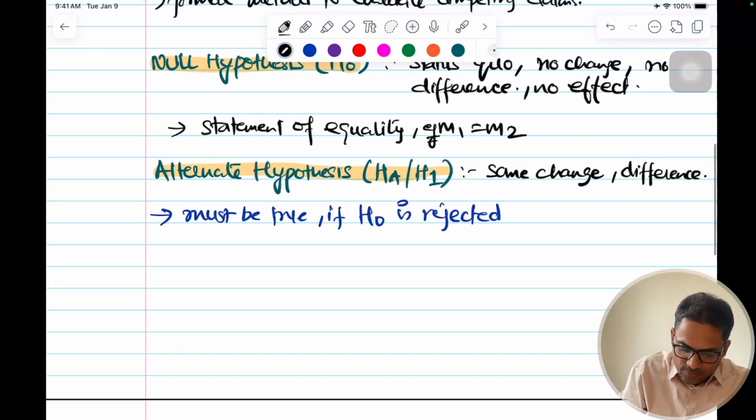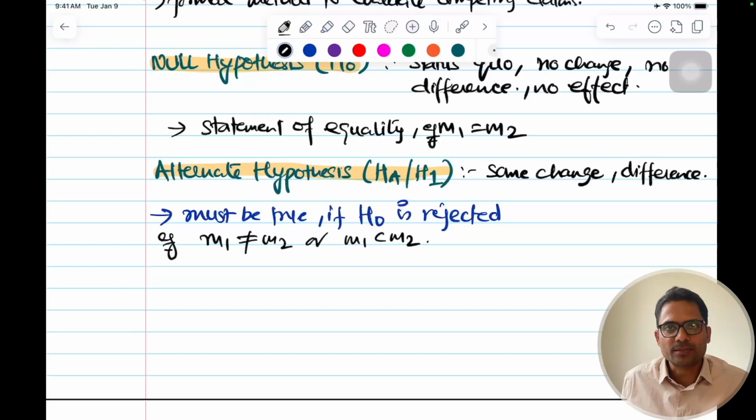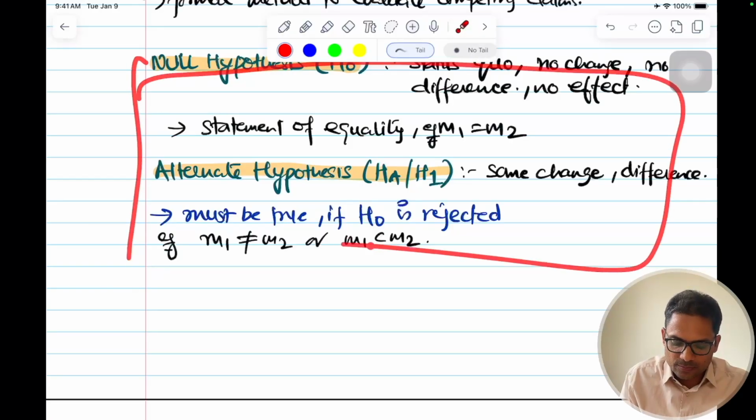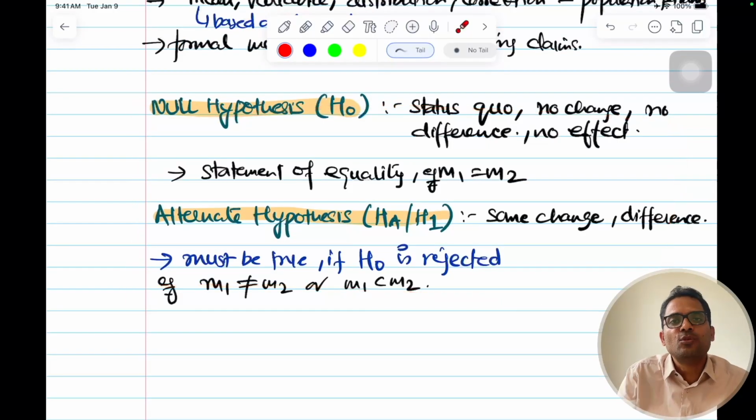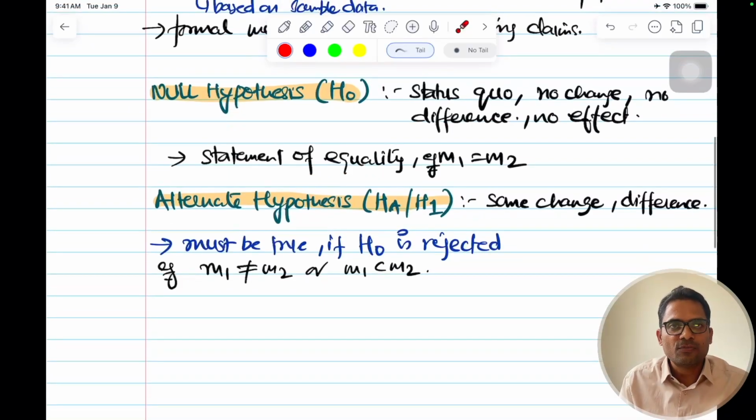For example, mean 1 is not equal to mean 2, or mean 1 is less than mean 2. Such kinds of statements, where there is some difference. I hope these terms are clear. Slowly we'll introduce more terms, and as they come, I'll explain what they are. This is the null hypothesis, this is the alternate hypothesis, and let's move to the framework.